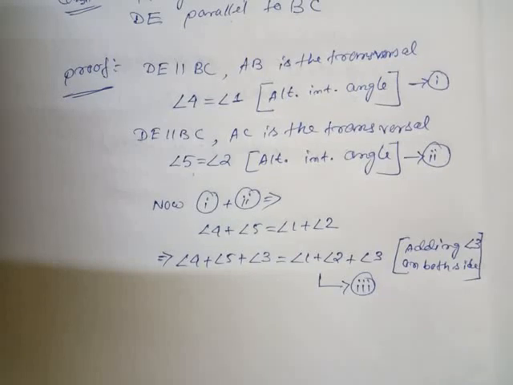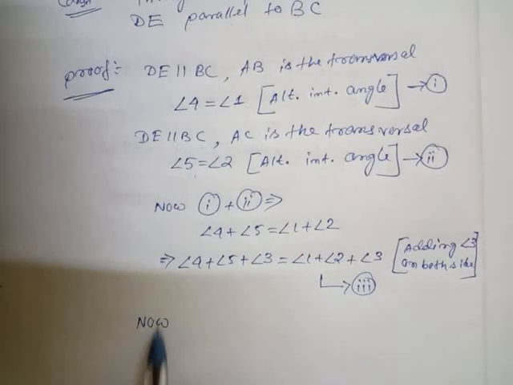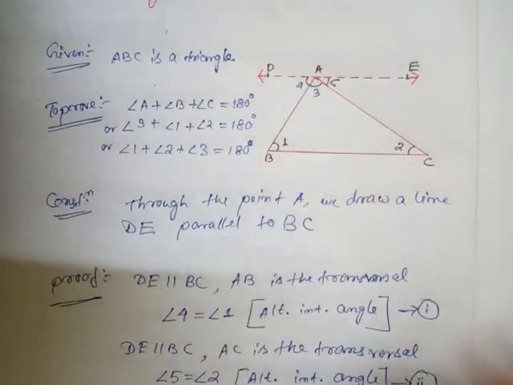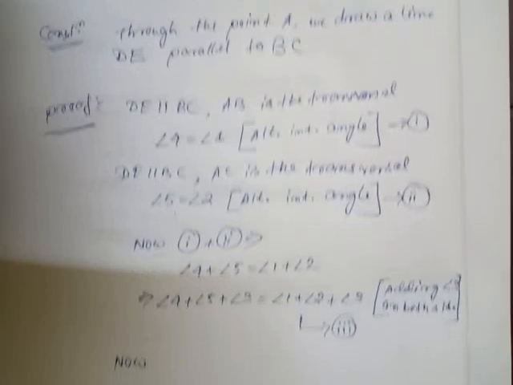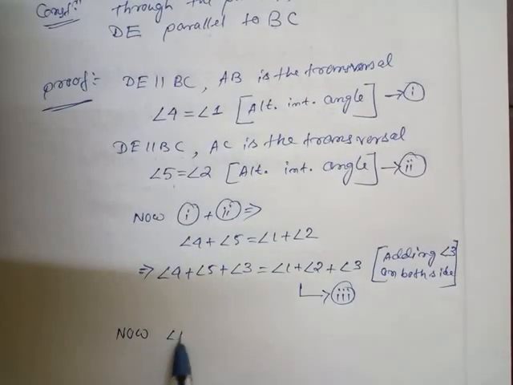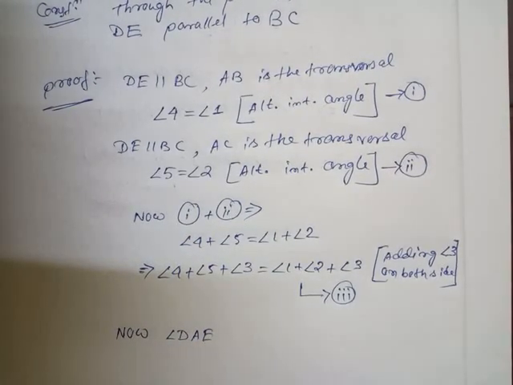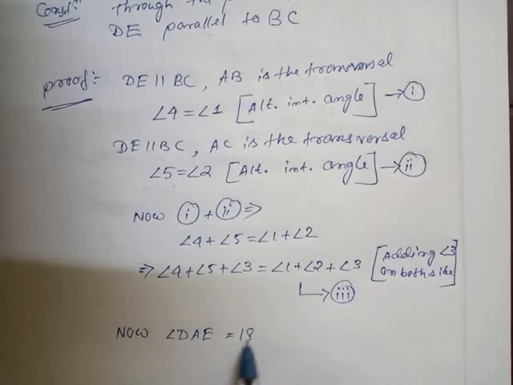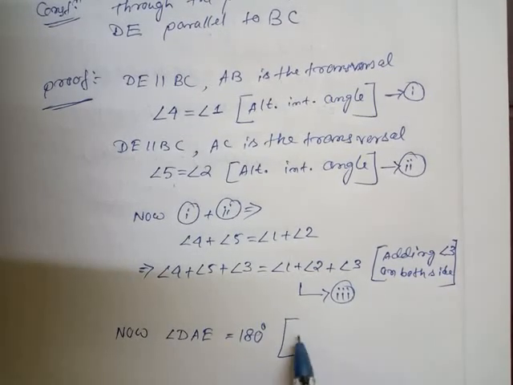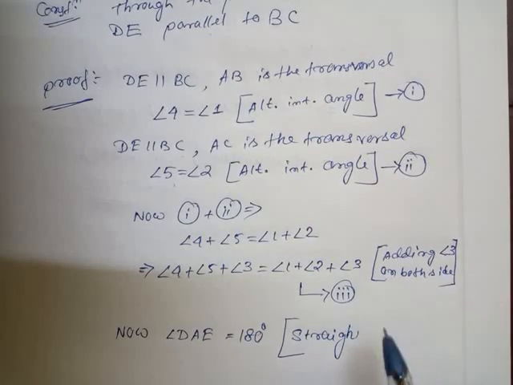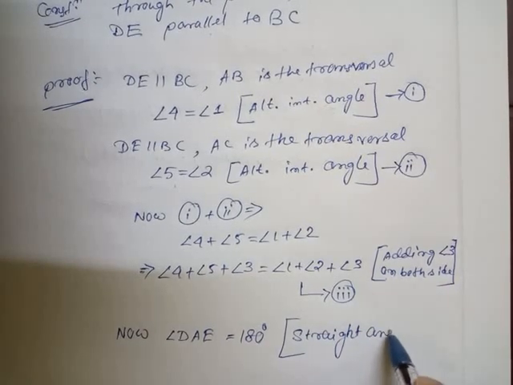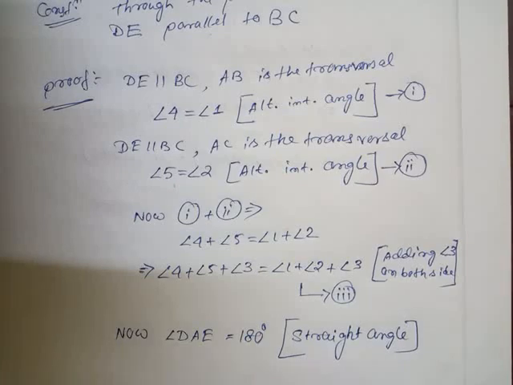So students, now we will write here. Now look, DAE is a straight angle. If it is a straight angle, we will write angle DAE equal to 180 degrees. Reason is straight angle, and the value of a straight angle is 180 degrees.